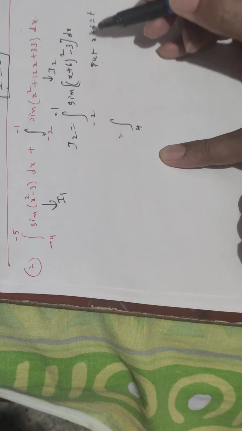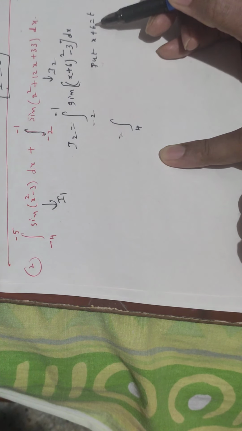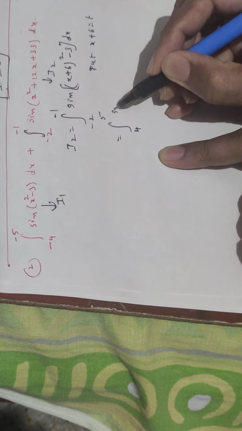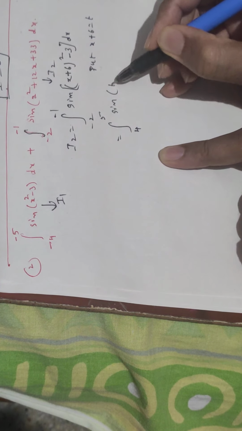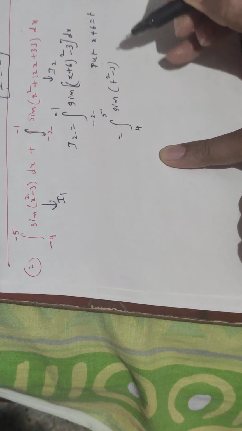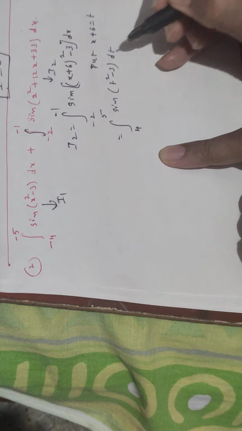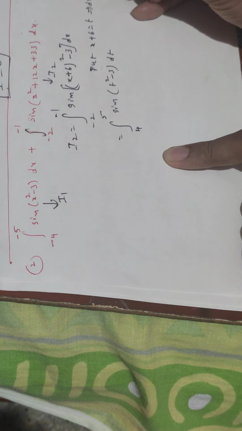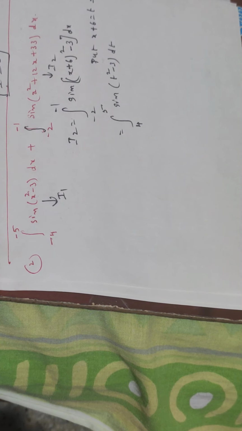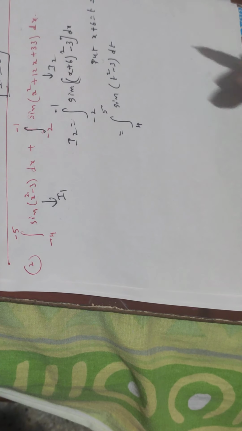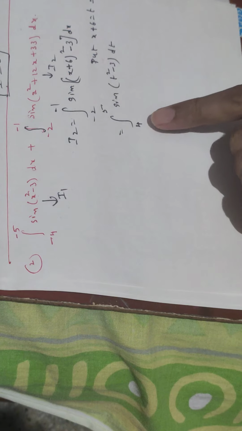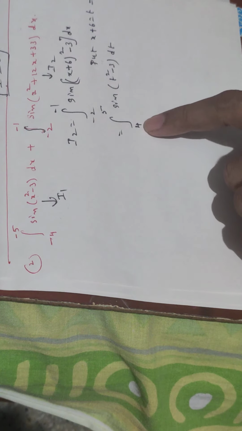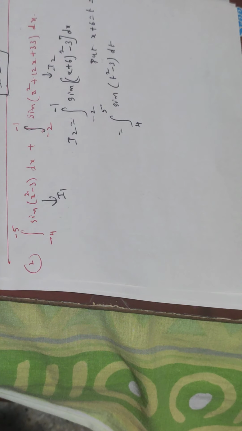And when x equals minus 1, t value is 5. Sine of (t square minus 3) dt, dx equals dt. This is okay, but by observation the limits here are minus 4 to minus 5, while there it is 4 to 5. The minus sign is different.